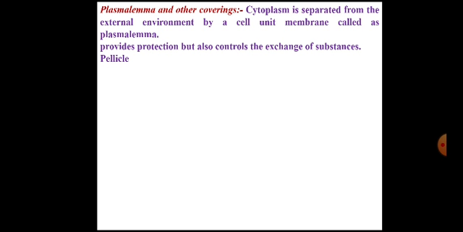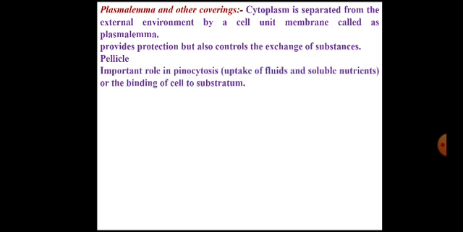Sometimes this membrane may be called a pellicle, a differentiating tissue. It is important in the pinocytosis process, that is the uptake of fluids or soluble nutrients, or it is also important in relation to the binding of the cell to solid substrata.